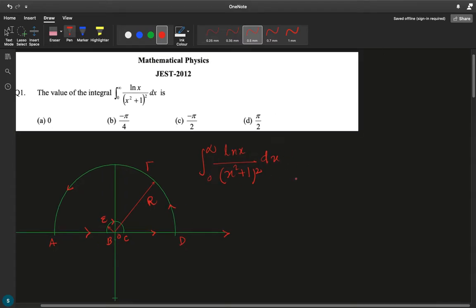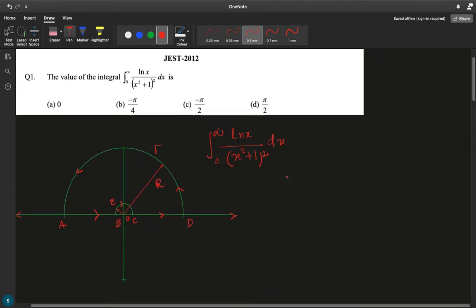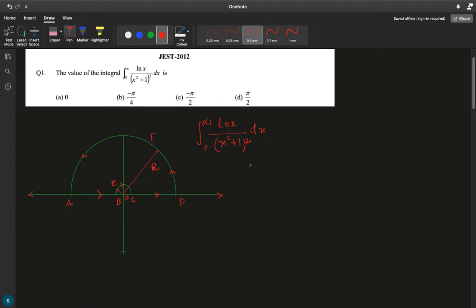In order to solve this problem, we need to take another contour integral for this with the variable z. Let's take the contour integral over C of ln z by (z square plus 1) whole square dz.